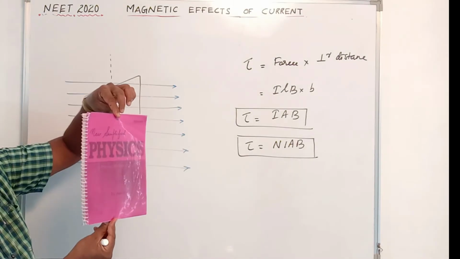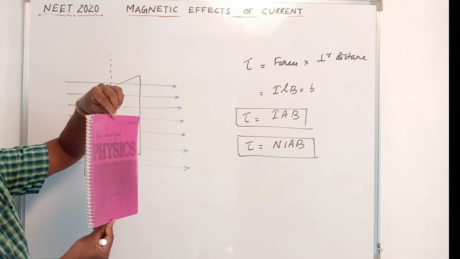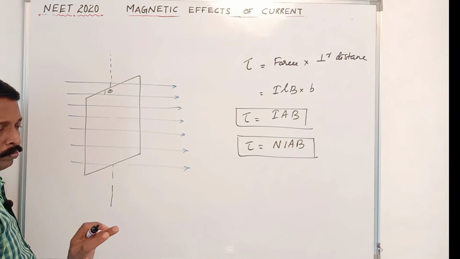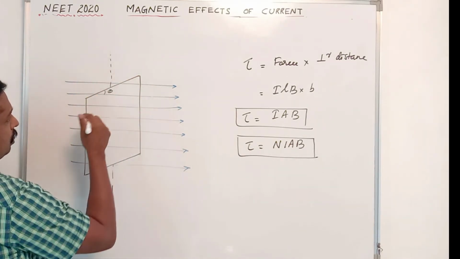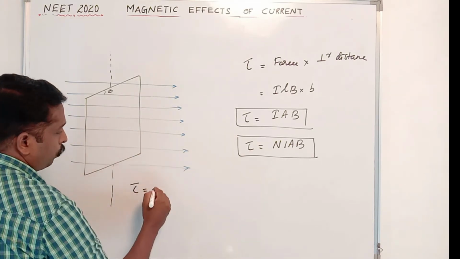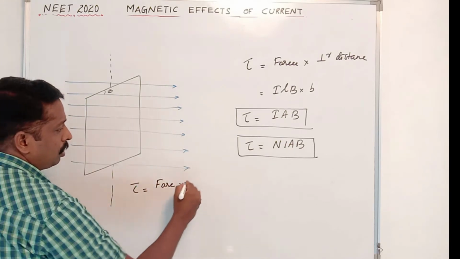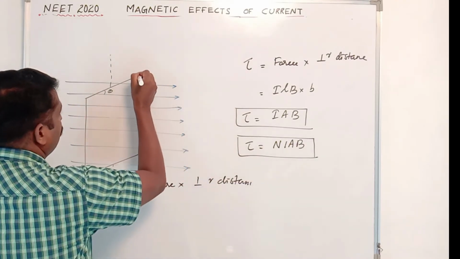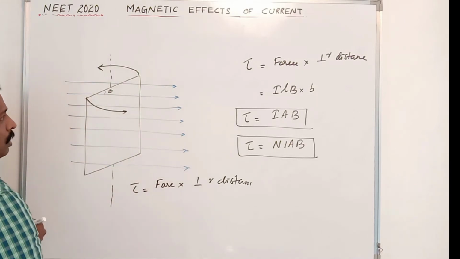Okay, let us consider the rectangular wire frame turned at an angle theta with the direction of the magnetic field. Then what will be the torque? This concept is introduced here. The rectangular wire frame is turned through an angle theta, then torque tau is equal to one of the forces into the perpendicular distance. Here one force is like this and another force is like this.